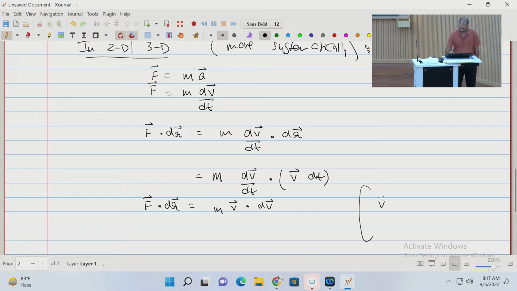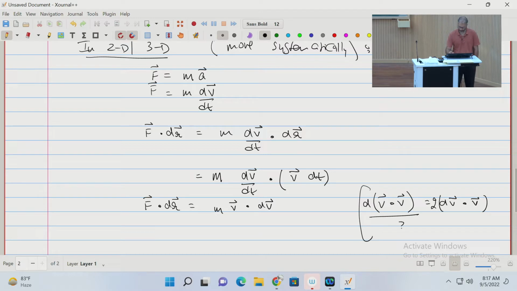Now if we take v dot v and differentiate that with respect to, well, simply take the change in v dot v. So what we get is twice of this quantity.